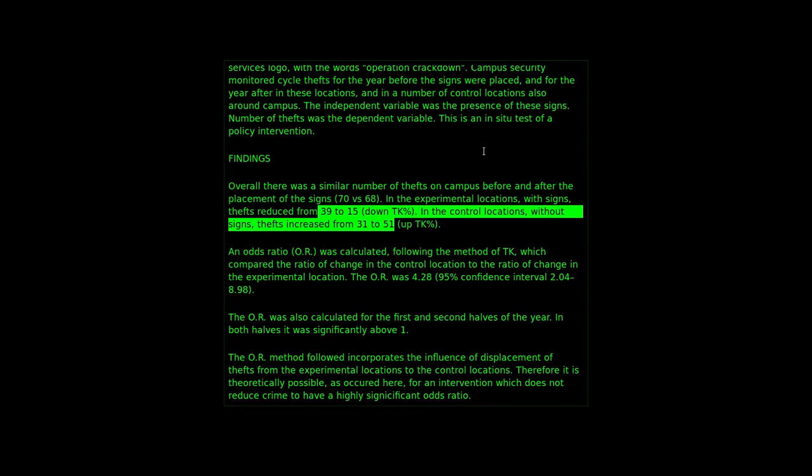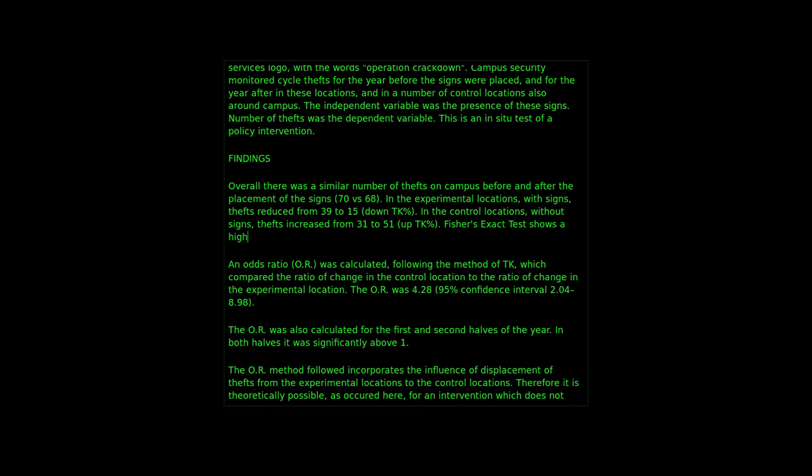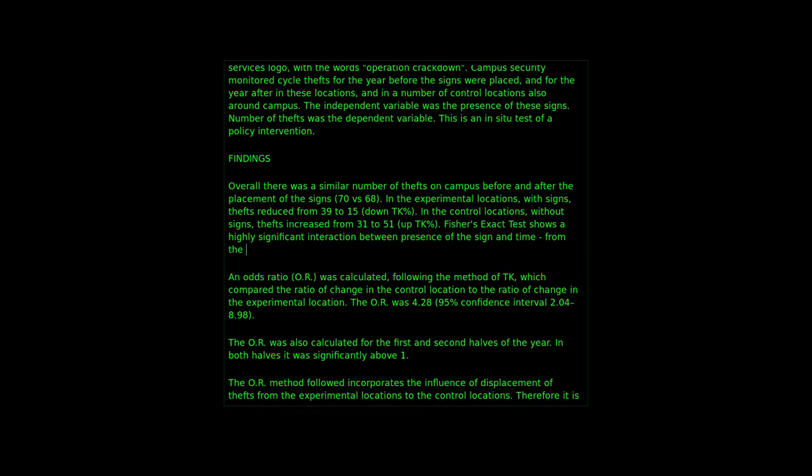Fisher's exact test. Significant interaction between presence of the sign and time, from the graph.